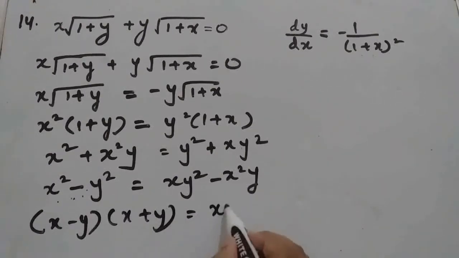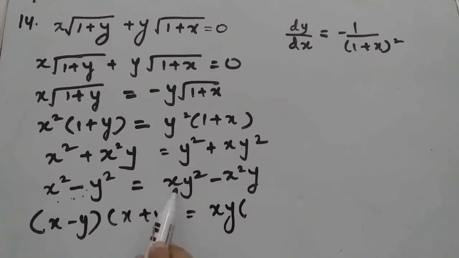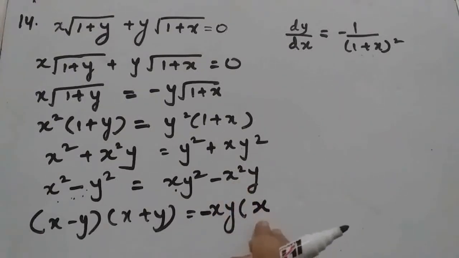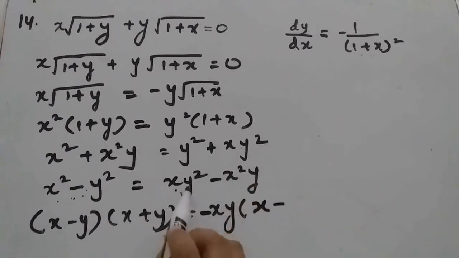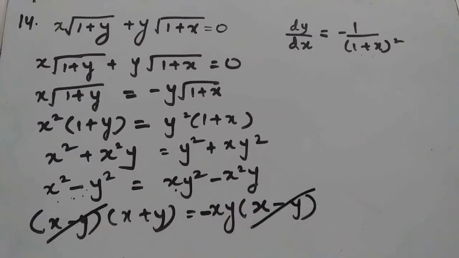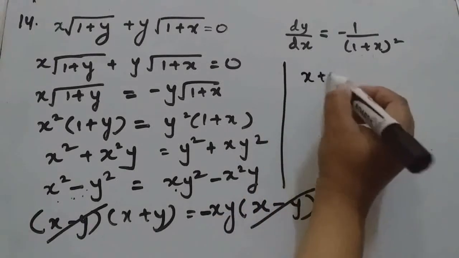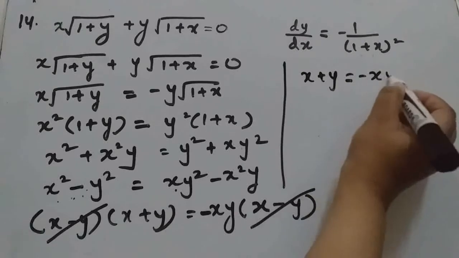Here we can take xy common, or better take minus xy common. See, if you take minus xy common, this term will come first here with a positive sign, x will remain here, and minus here, y will remain, okay. So see, both brackets we can cancel now. So x plus y we got equals minus xy.